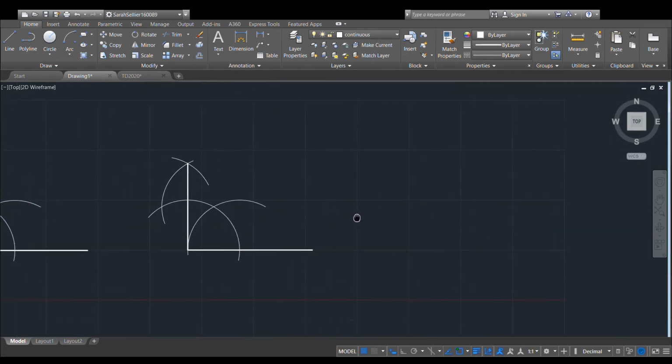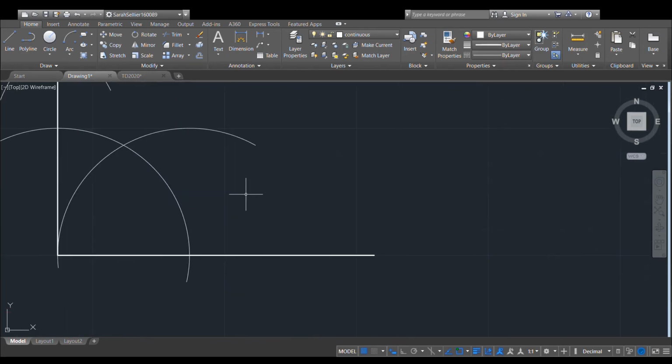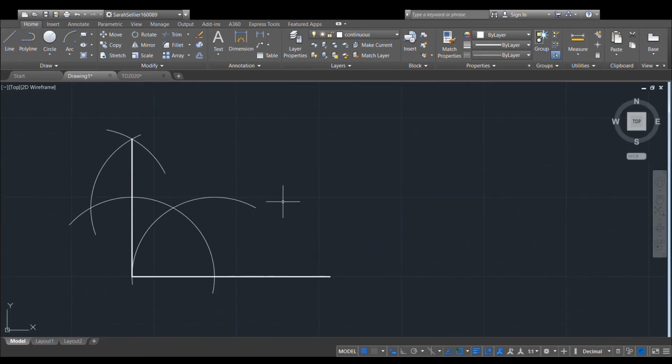So to construct a 45-degree angle, you first need to construct a 90-degree angle. After you do that, you take an arc of the same radius, of course.